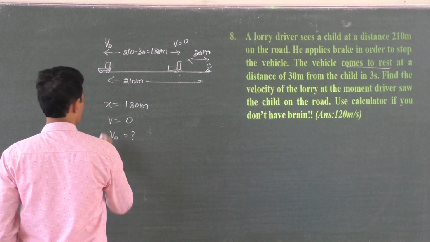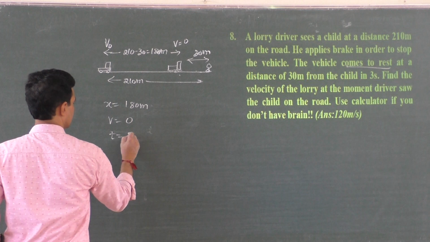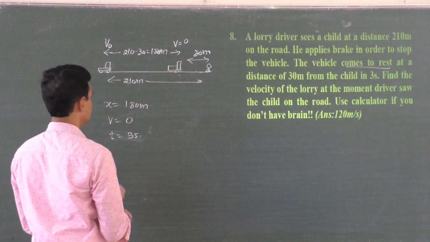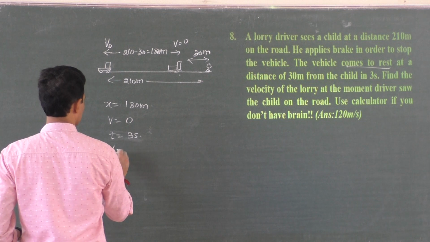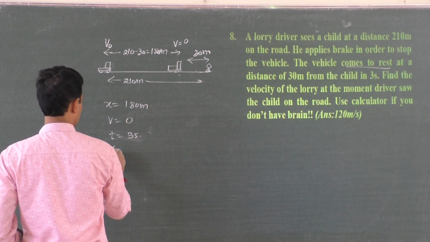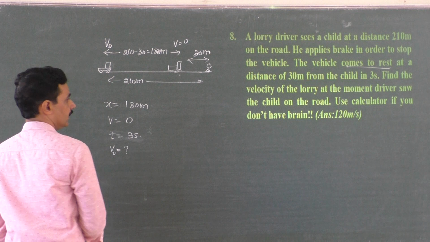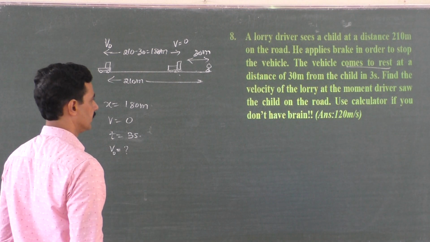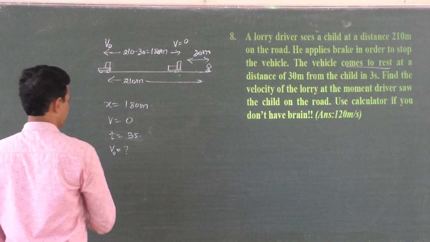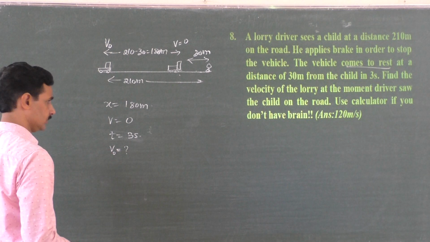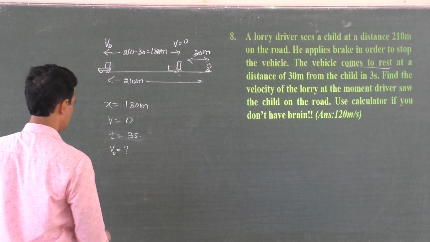Time is given, so time is 3 seconds. Find the velocity of the lorry at the moment the driver saw the child. Without acceleration you can't do that, right? Which gives the acceleration now?